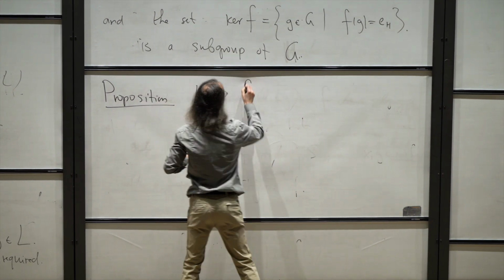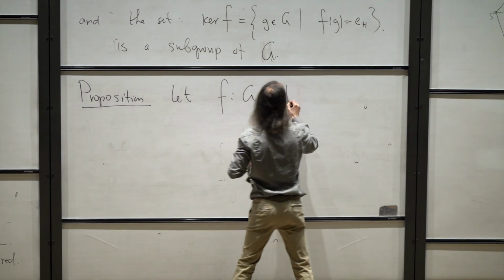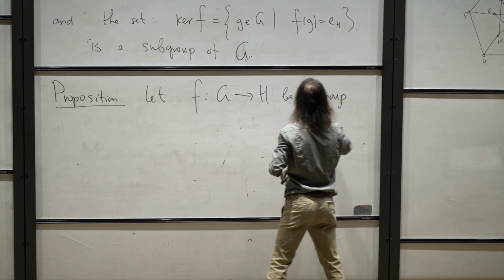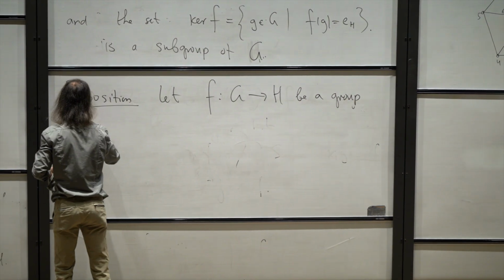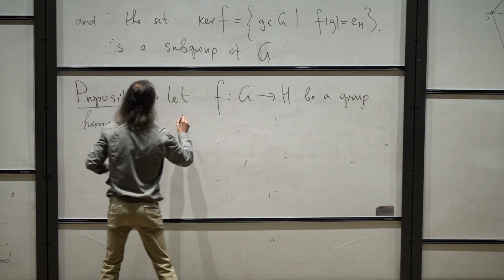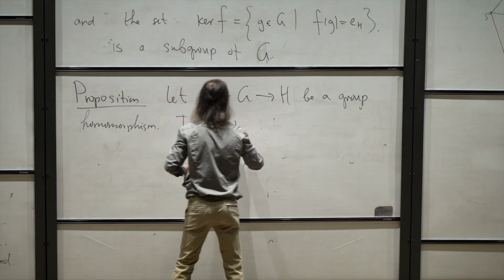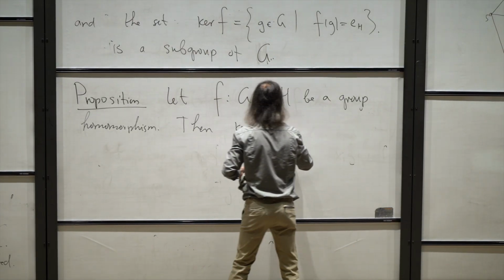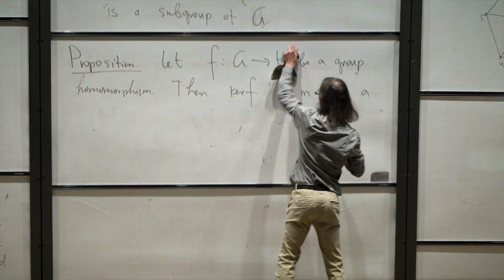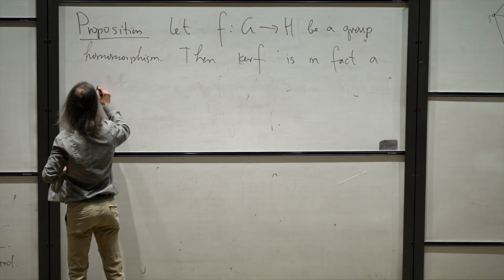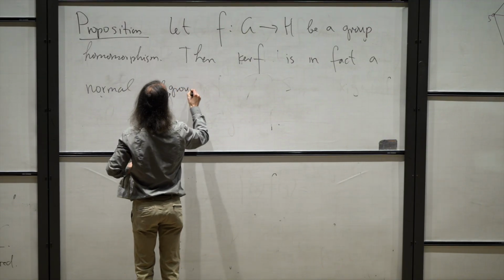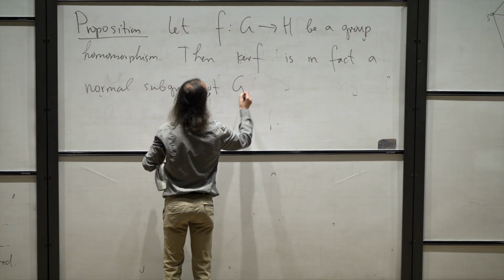Let F from G to H be a group homomorphism. Then the kernel of F is in fact a normal subgroup of G. Okay?